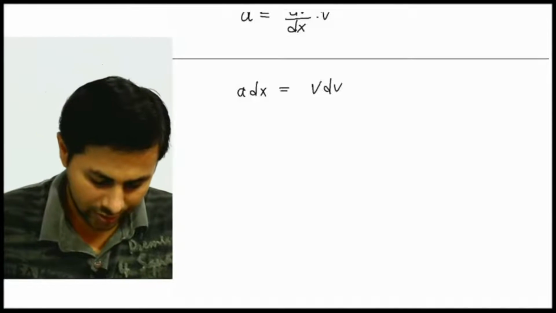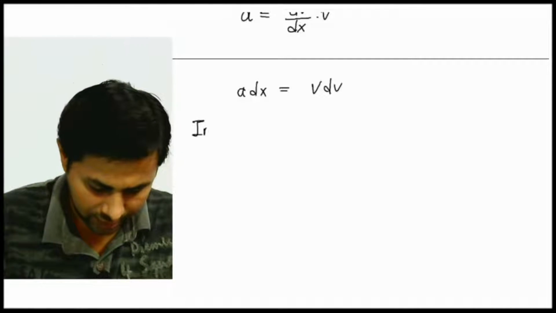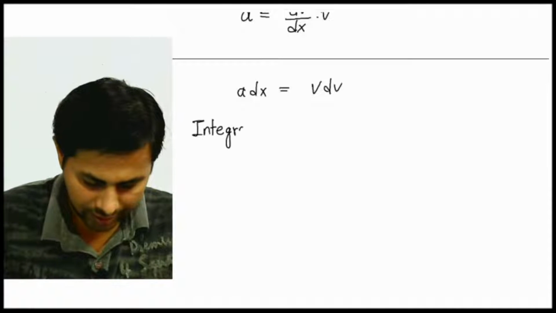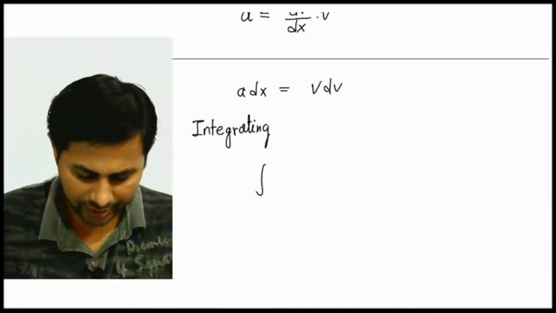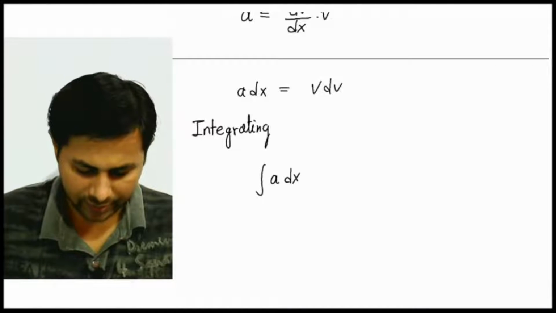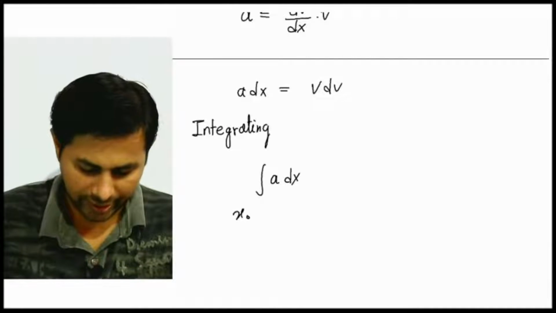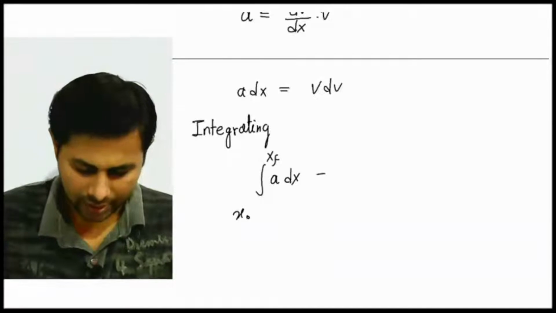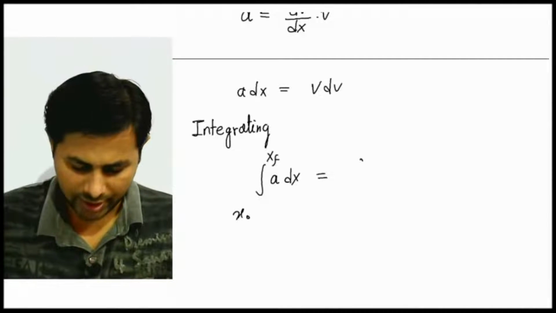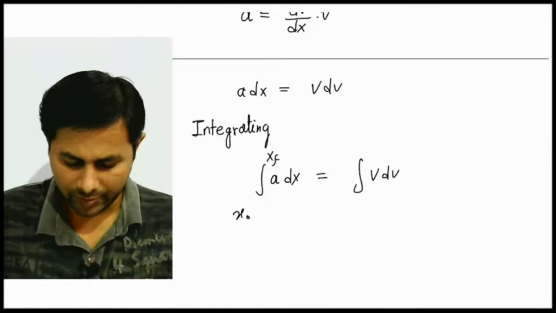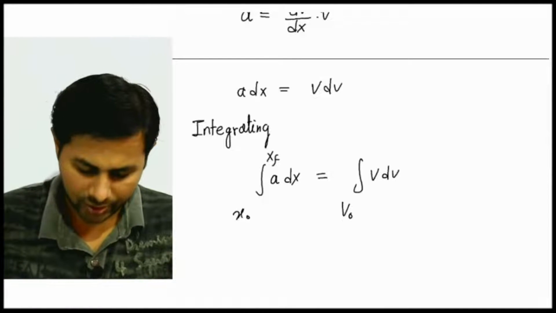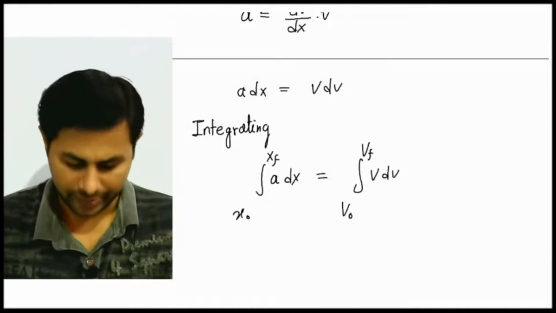Okay, so now integrating this equation, we get integral of a dx, and x changes from x naught to xf. So this is equal to integral of v dv from initial velocity v naught to final velocity vf.